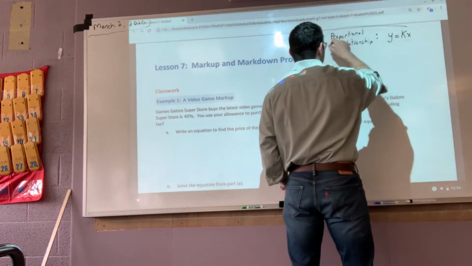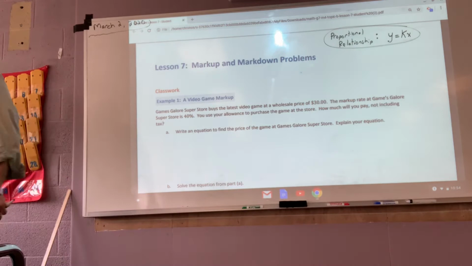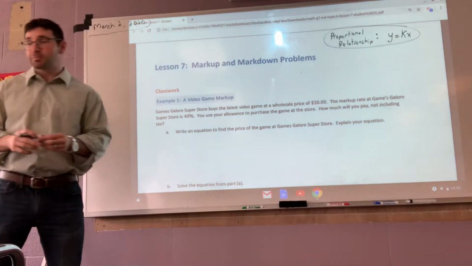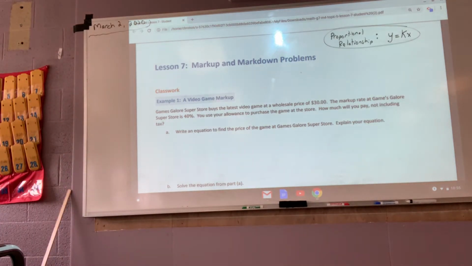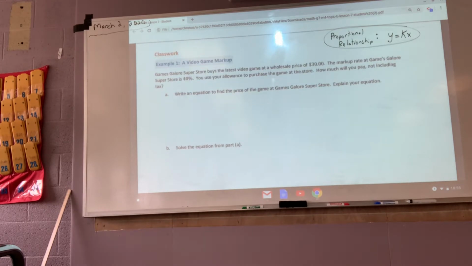So y equals kx. We found k by dividing y by x. And I've talked about these proportions quite a bit. Just like on our test or on our quiz, there are multiple ways to do these problems, but I'm going to show you a very specific way.